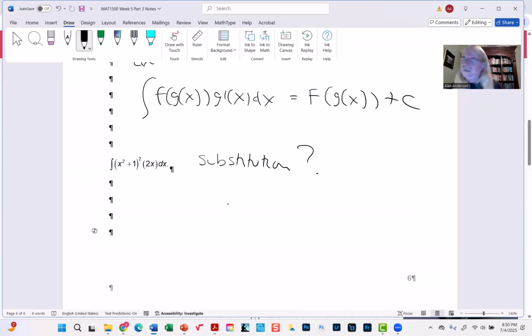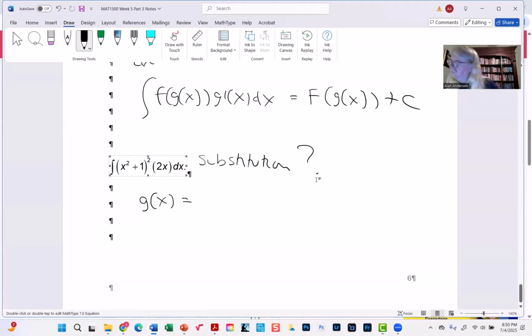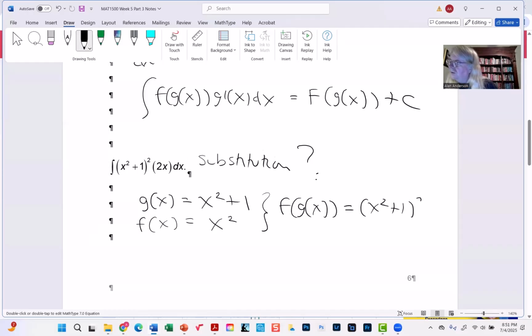Maybe it works. Okay, so let's just try g of x to be x squared plus 1. And then f of x would be x squared, so that f of g of x is x squared plus 1 squared. And then g prime of x is 2x.